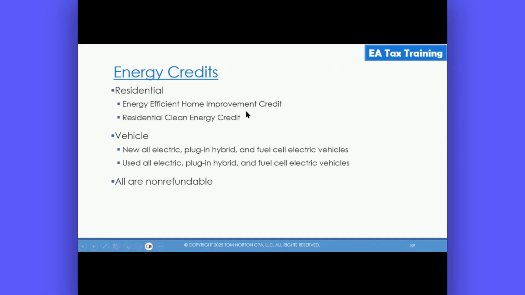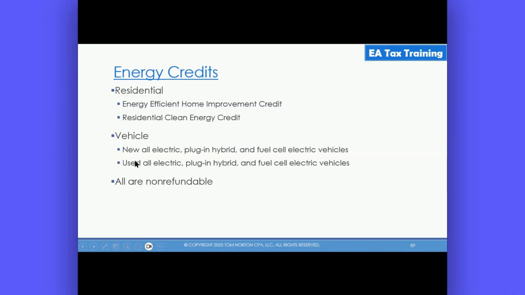Next, we're going to talk about the energy credits. There are both residential energy credits and vehicle energy credits. They are all non-refundable, although we will see there's a little bit of a difference with one of the credits. But the residential credits, we'll talk about these. It's the Energy Efficient Home Improvement Credit and the Residential Clean Energy Credit.